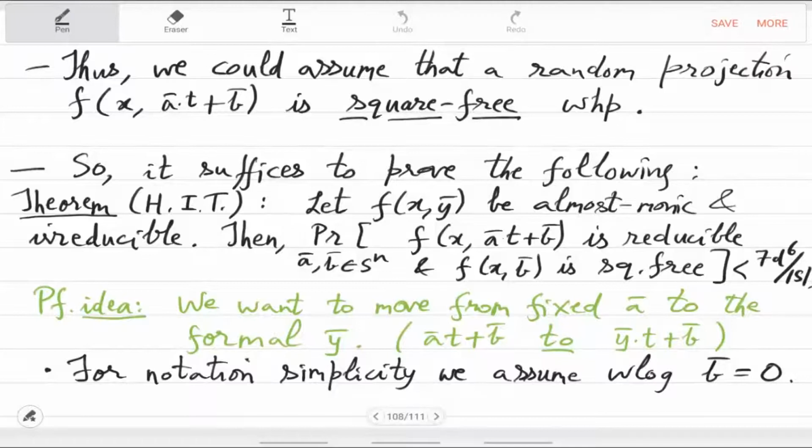And because it is reducible, and because f(x, B bar) is square free, you can Hensel lift. So that is what we are reading off.